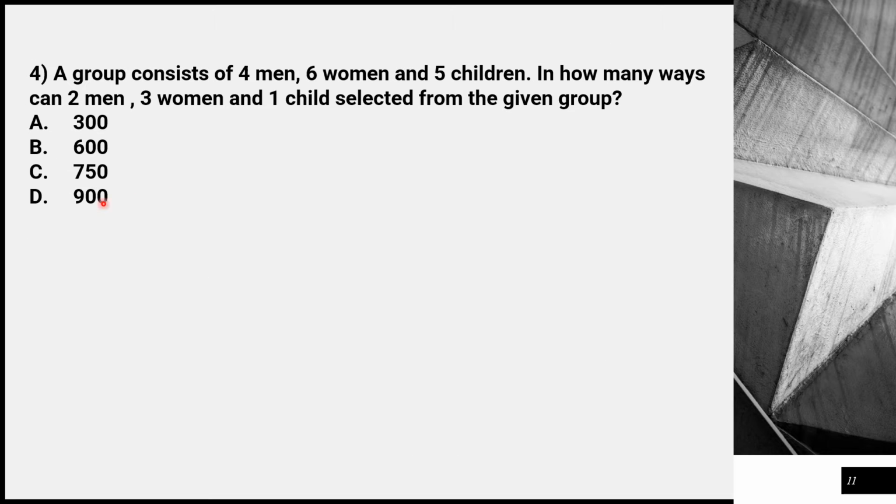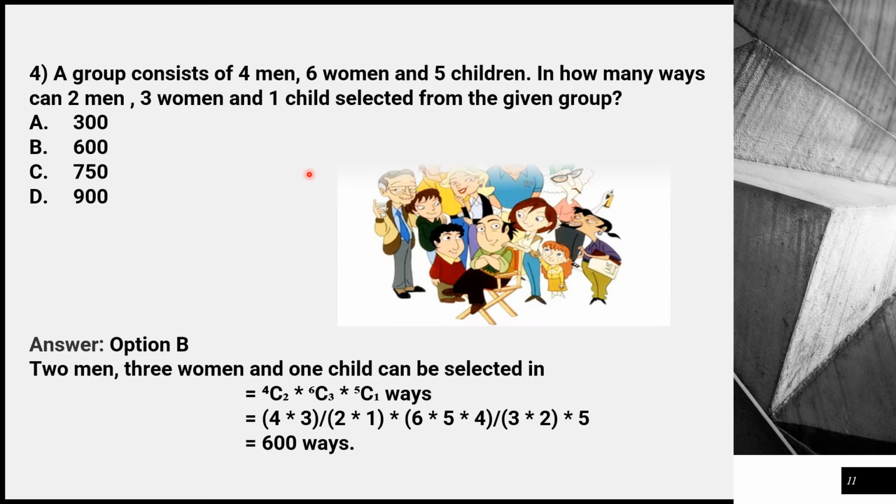So the next question is, a group consists of 4 men, 6 women and 5 children. In how many ways can 2 men, 3 women and 1 child be selected from the given group? So let us see, here are the options. The answer is option B. This is also simple. Let us consider this is the group of 4 men, 6 women and 5 children.